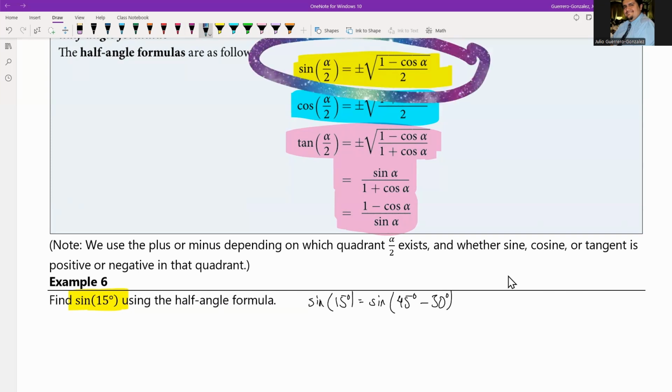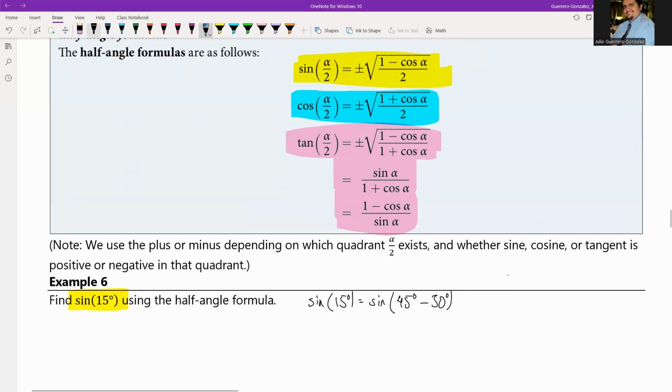What angle do I have to divide by 2 to get 15? Hopefully you guys remember from kindergarten, literally from kindergarten, right? Sine of 15 degrees. That is the same thing as sine of 30 degrees divided by 2.